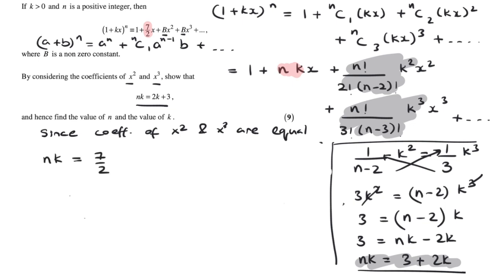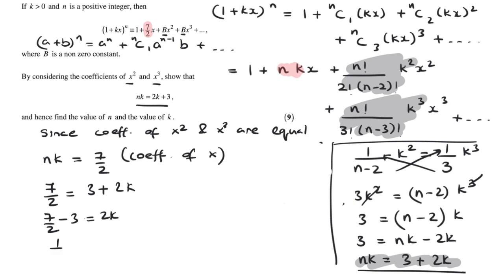Then I can say that 7 over 2 is equal to 3 plus 2k. Now I can work out the value of k. That is 7 over 2 minus 3 equals 2k, which gives me 1 over 2 equal to 2k, and therefore k is a quarter.